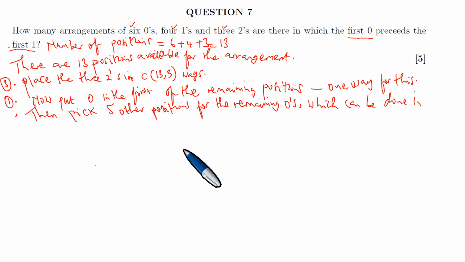In how many ways can this be done? Out of the 13, you subtract 4 positions that have been filled, so we're left with 9 positions, and this can be done in 9 choose 5 ways.